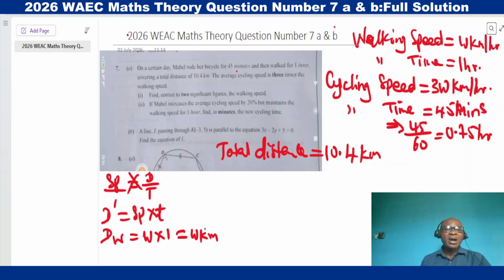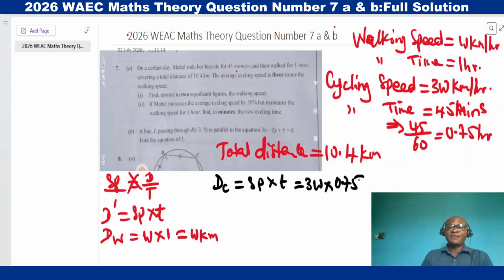Now, what is the distance covered cycling? It is still speed multiplied by time. The speed for cycling was 3W kilometers per hour, multiplied by the time, which we converted to hours, 0.75 hours.